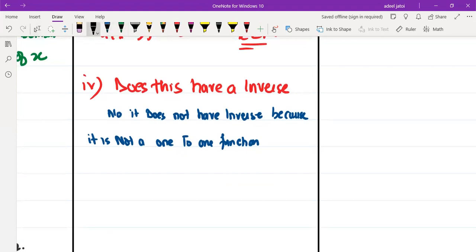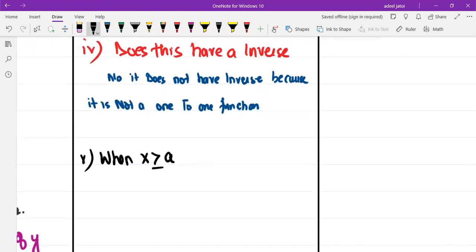Then your other part says, when x is greater than or equal to a, it has an inverse. Now it tells me that it has an inverse when x is greater than or equal to a.